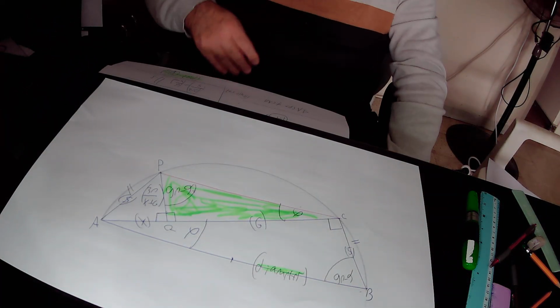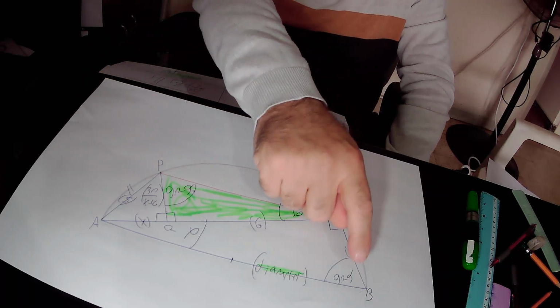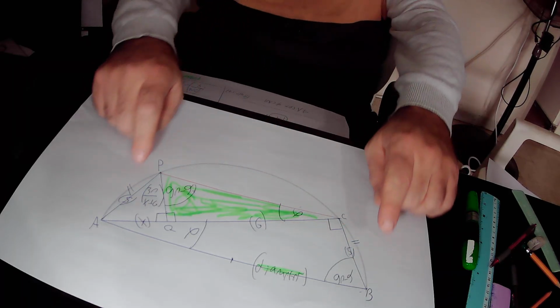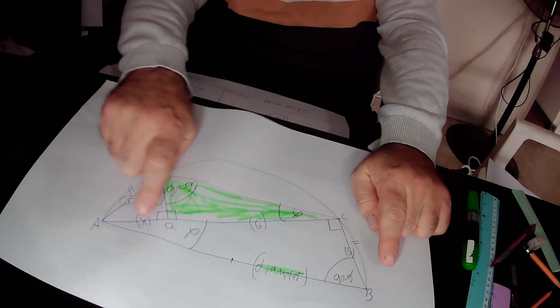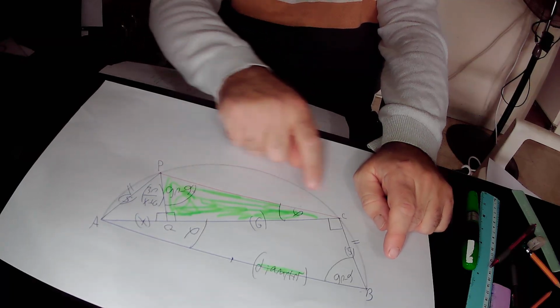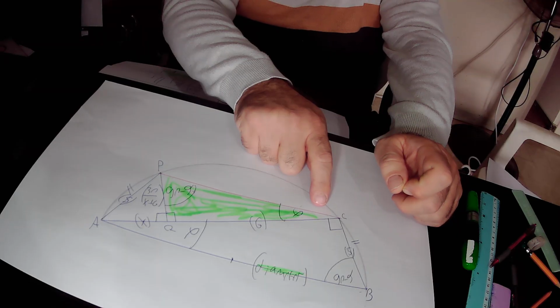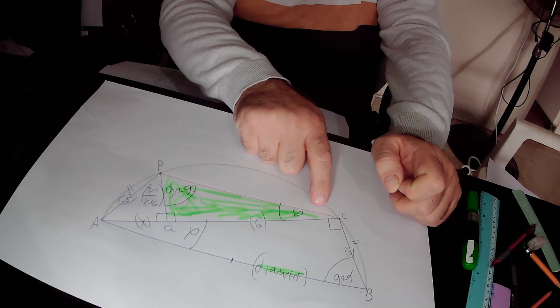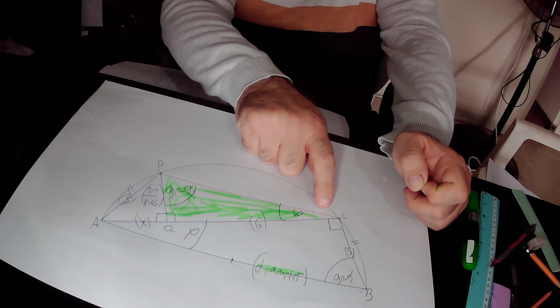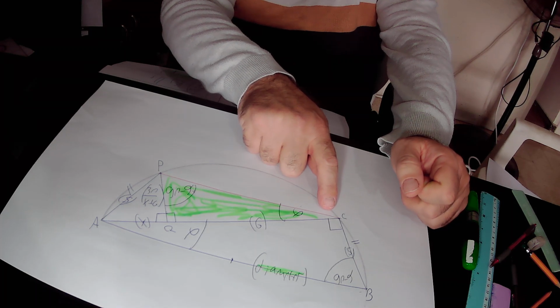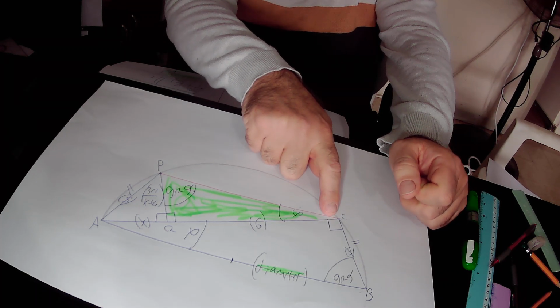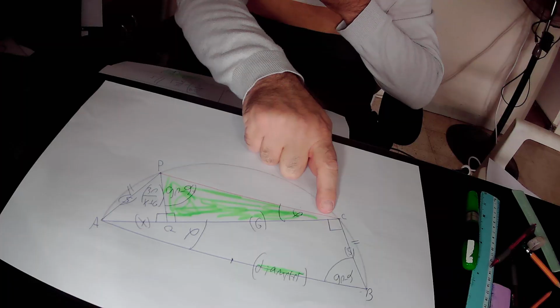So this is triangle ACB that subtends the diameter of the semicircle, that is AB, and therefore angle ACB must be equal to 90 degrees according to Rule 7, which states that any angle that subtends the diameter of a circle or semicircle must be equal to 90 degrees. So angle ACB is a right angle according to Rule 7.